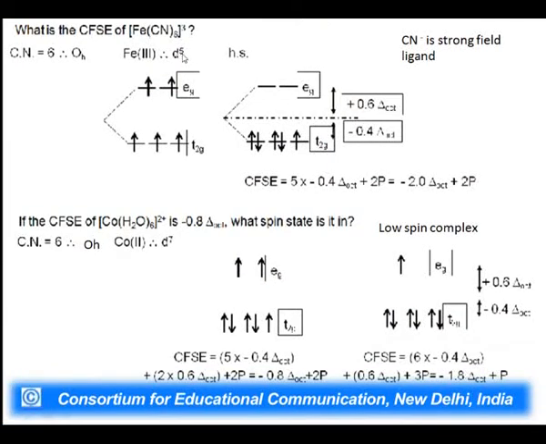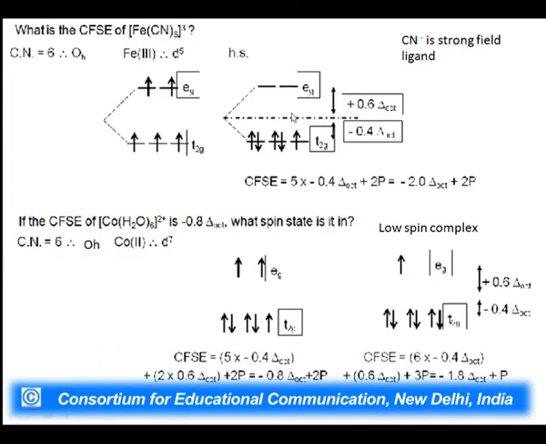Now, knowing how many electrons would be there in iron 3, iron 3 of course is going to have 5 electrons in the D. In a high spin state, it is going to have a T2G3 EG2 configuration. Whereas cyanide, being a strong ligand, is going to cause pairing, because the separation 10 DQ between T2G and EG is going to be large.